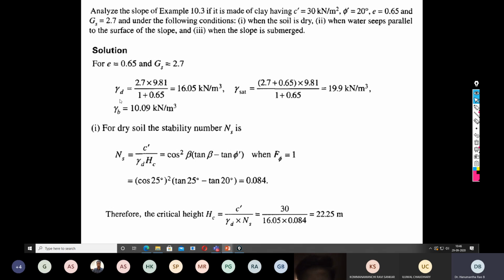Based on the given data, calculate gamma d, the dry density, the saturated density, and the submerged density.